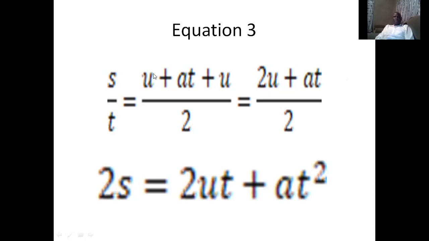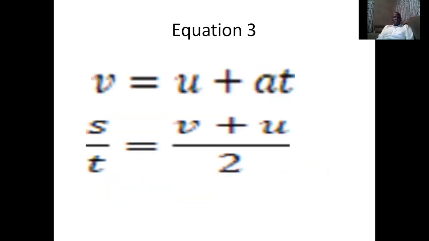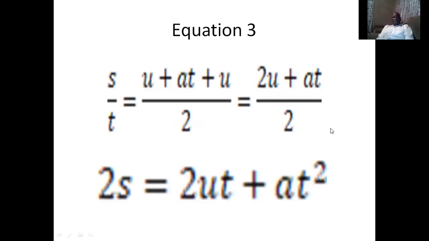Here we have eliminated the final velocity. So we have replaced this final velocity with initial velocity plus acceleration times time. We put it there, and this is what it gives.